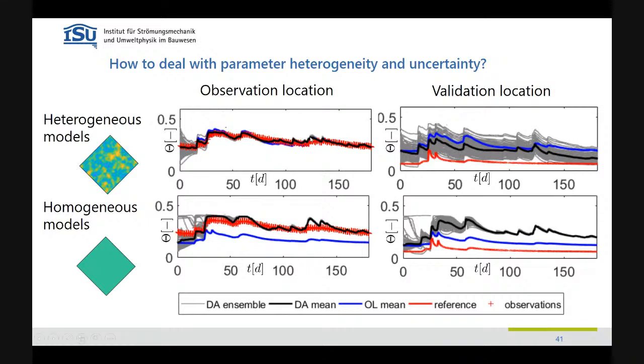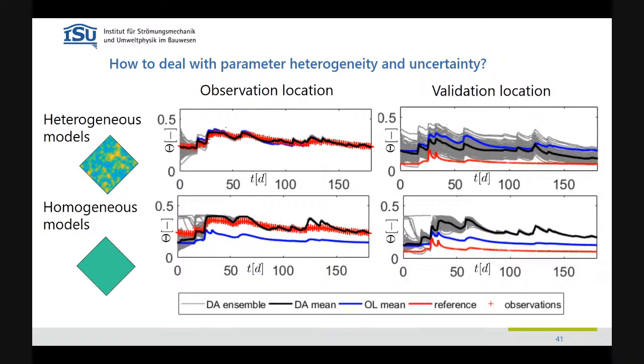Okay, and as it should be, at locations where I have observations, with taking observations into account, I improve my predictions. This is not spectacular, but what is also very clear is if I'm away from the observation at a validation, I make a very poor prediction.